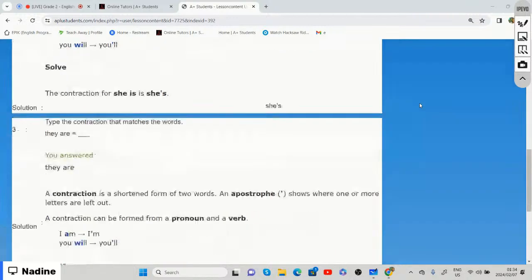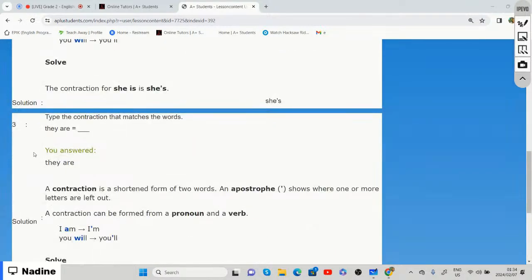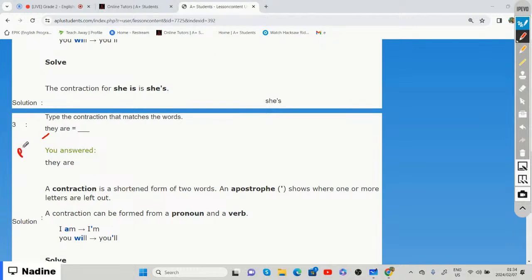Let's go into another one. So they are, right? If we look at the words they are, so we have our pronoun, which is they, and we have a verb over here, right? So what did we say?